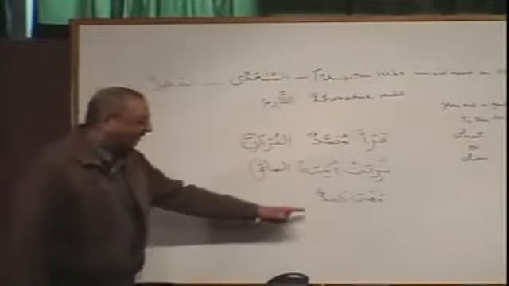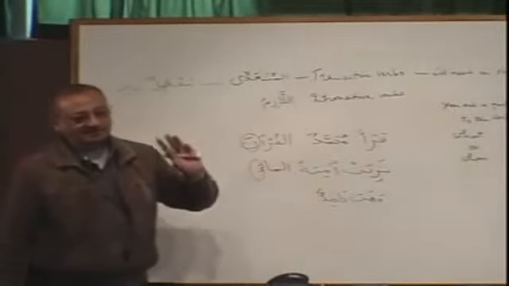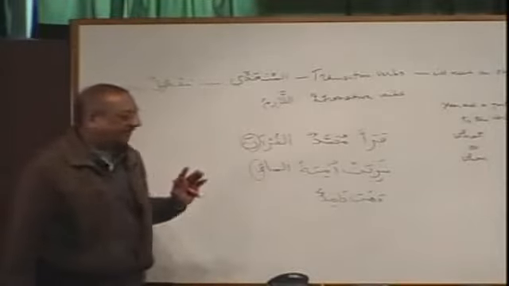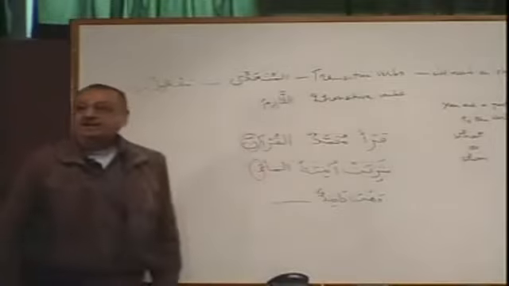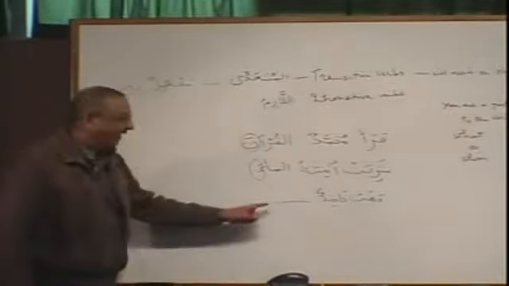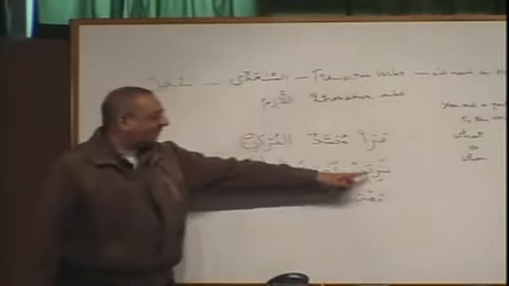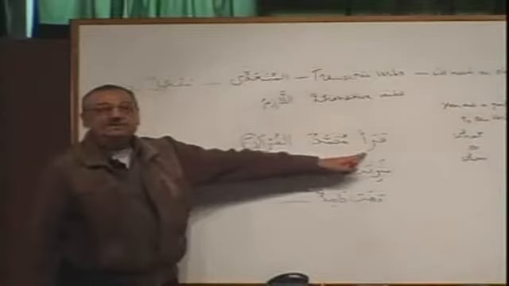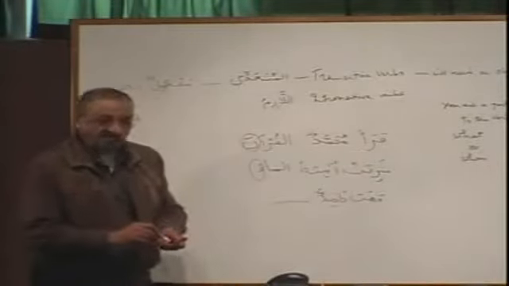There is no need for maf'ulun bihi. Zahaba Hamidun, he went. Khalas. There is no need for maf'ulun bihi. So it means this is fi'al lazim. In English, intransitive. And shariba is transitive. Kara'a is transitive. Do you understand? Transitive.